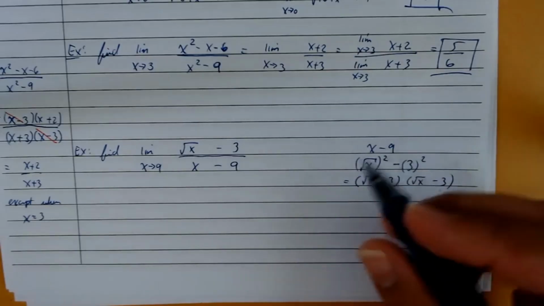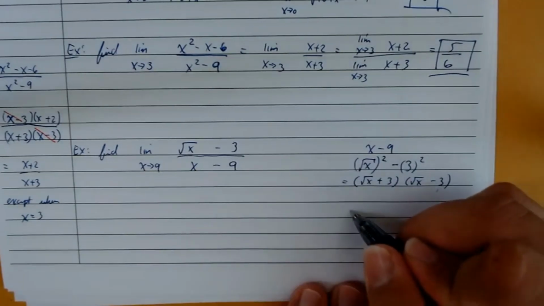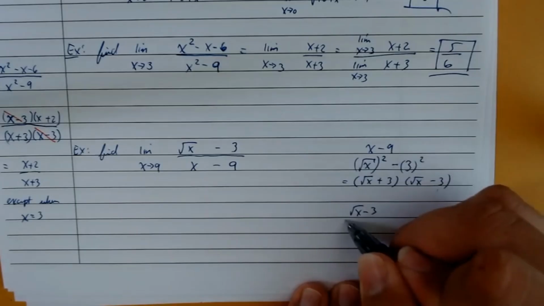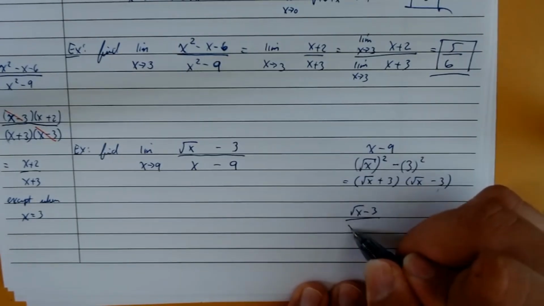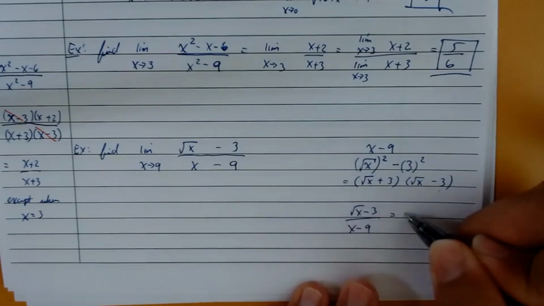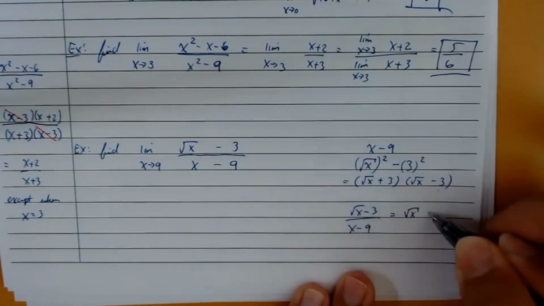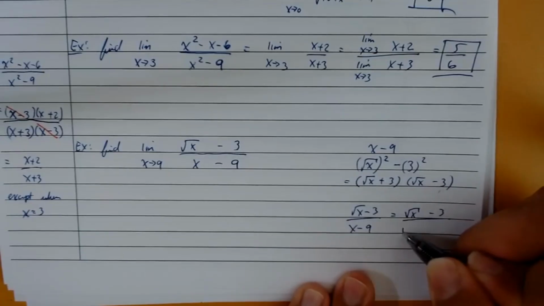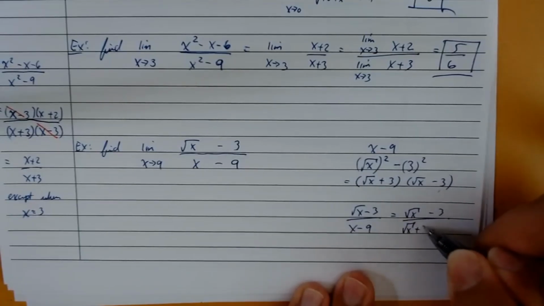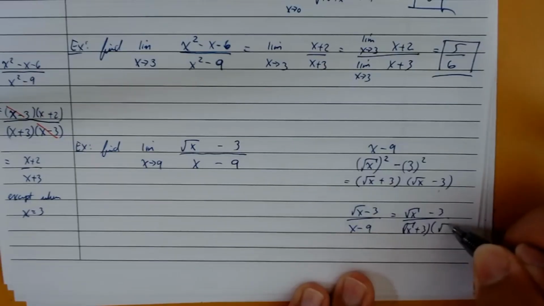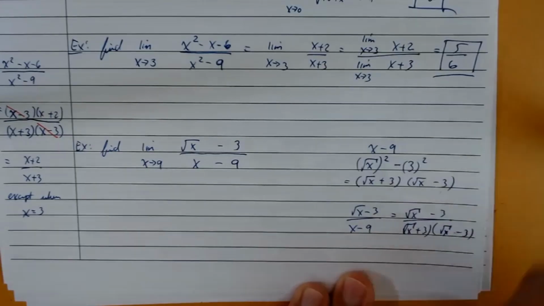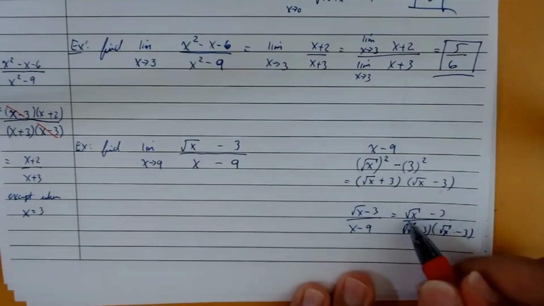Okay, so if I take the square root of x minus 3 over x minus 9, that's the same as the square root of x minus 3 over the square root of x plus 3 times the square root of x minus 3. And now, hey, look, these divide away.